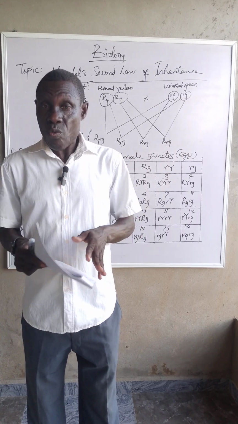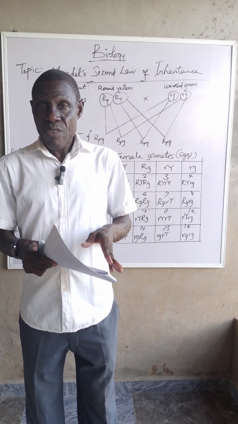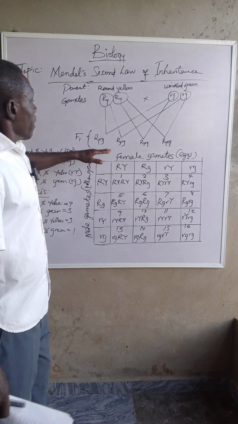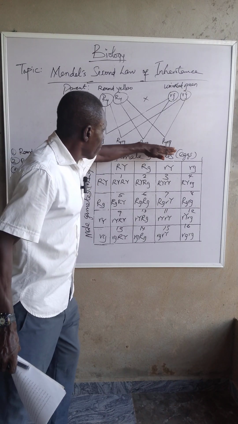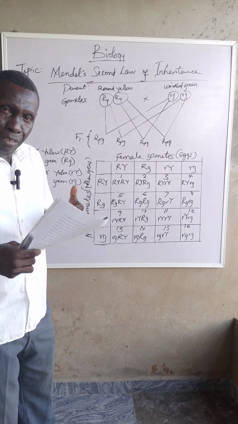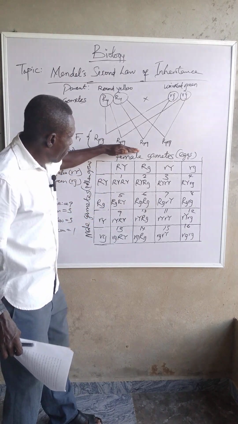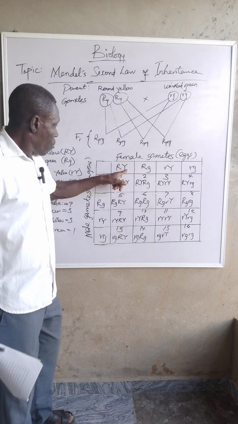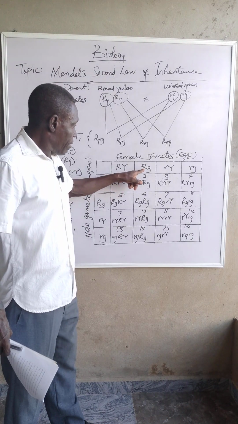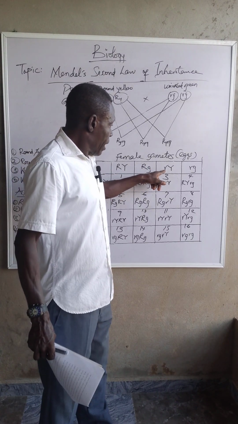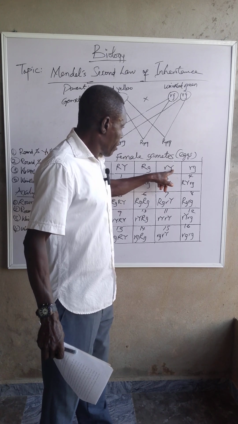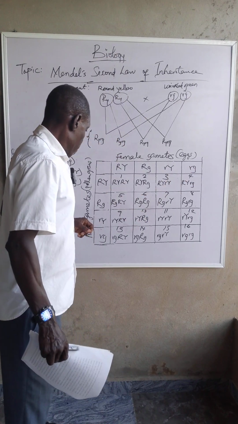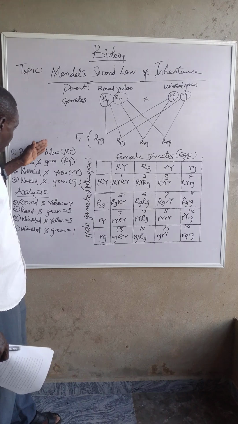The ovary contains the ovules, which are the eggs, and we regard that as the female part of the flower. Now, when this first filial generation is self-pollinated, this is the female gamete. See it here: capital R, small y; capital Y, capital R, small g; small r, capital Y; small r, small g. It is also so here.